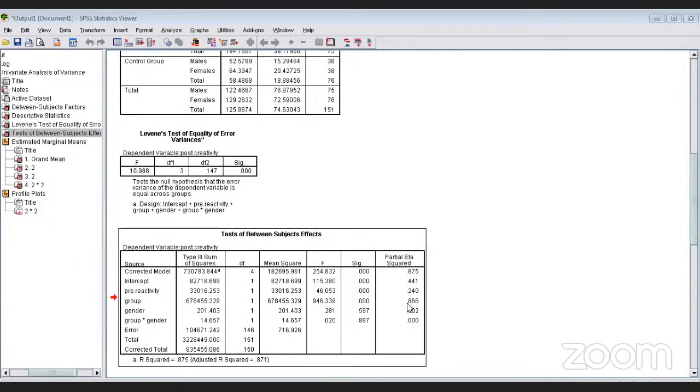And here effect size is 0.866. The maximum is 1. So it is a very strong effect. That means whatever the treatment that you gave, this treatment is a very powerful treatment in facilitating the creativity of the students. So if you want to develop the creativity of the students, then you should use this thinking strategy which was used in this particular study.